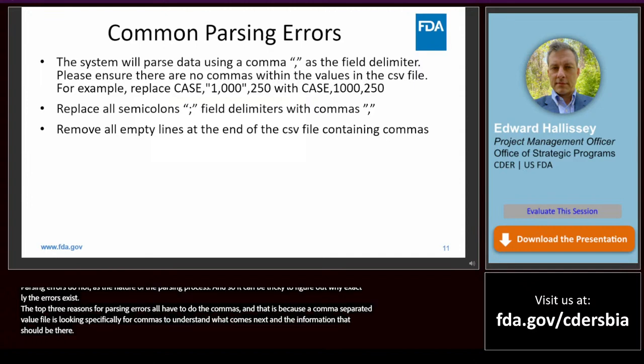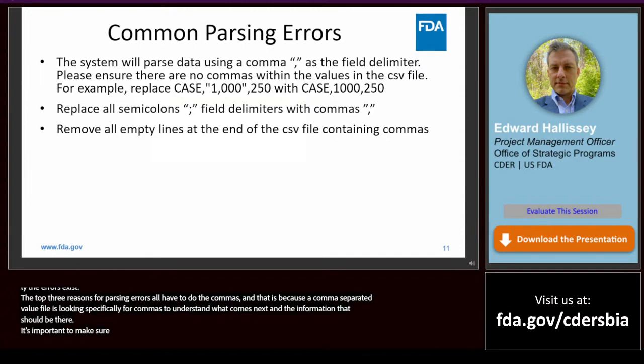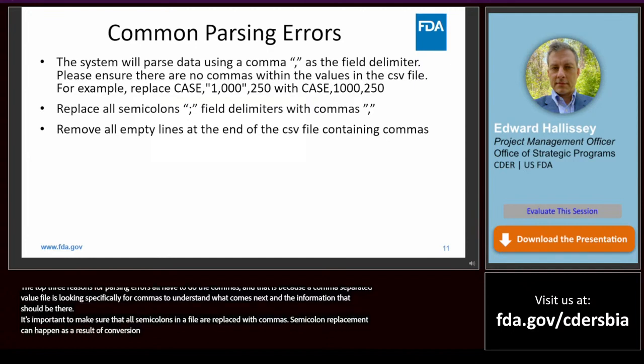It's important to make sure that all semicolons in a file are replaced with commas. The semicolon replacement can happen as a result of conversion from another data source, from an Excel file conversion.